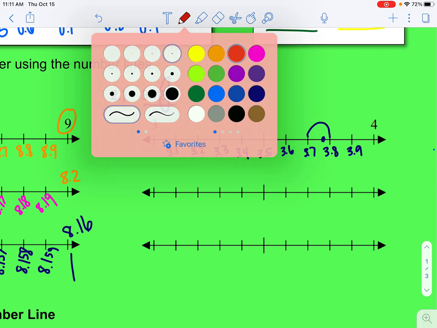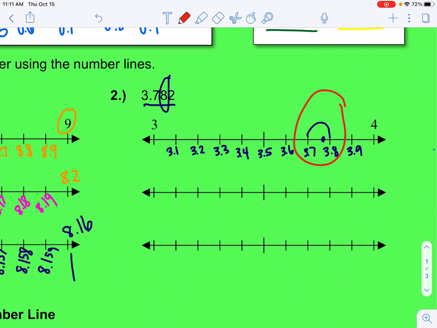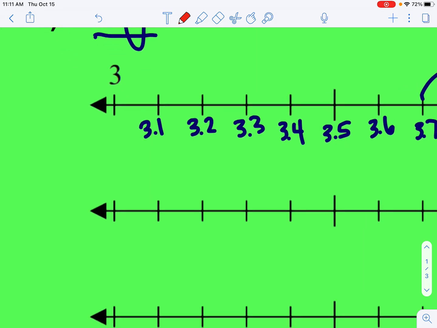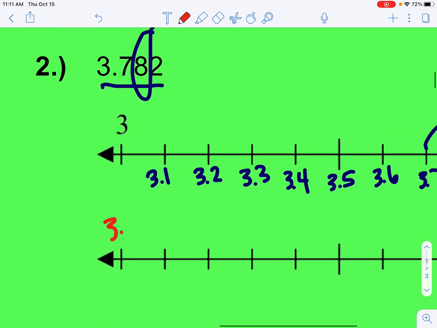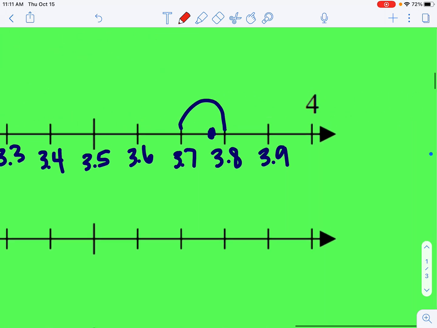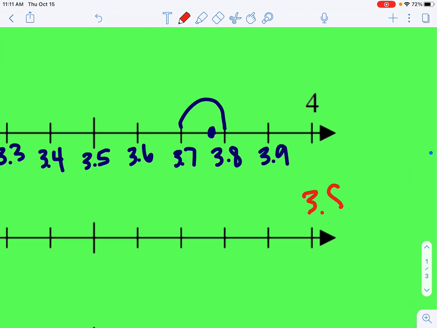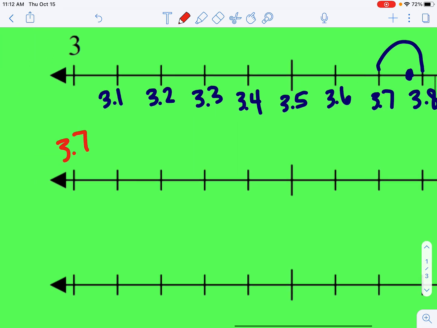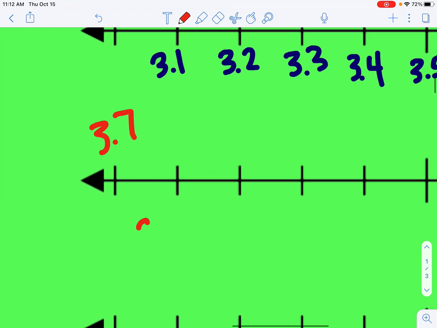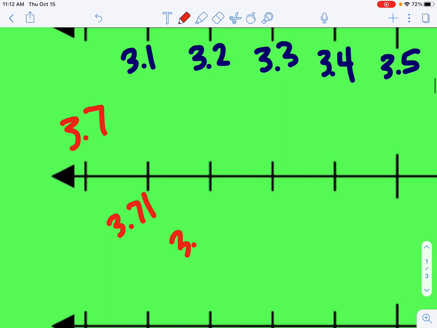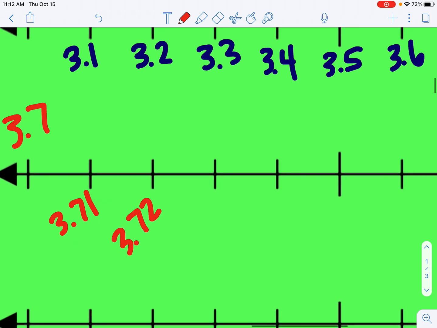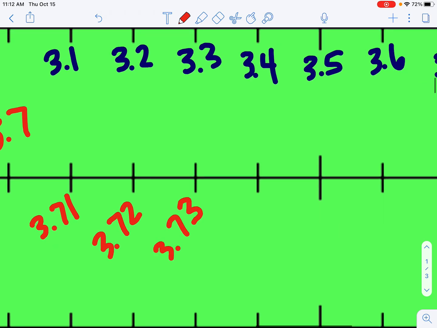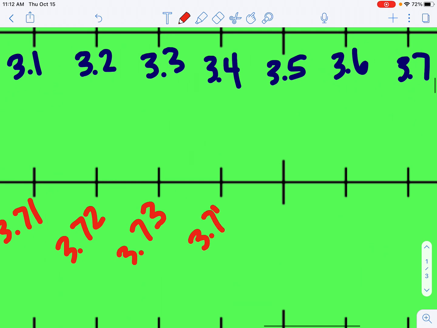Alright, so now we're going to use our number line and we're going to zoom it into this section right here. So my number here is 3 and 7 tenths. And then over here is 3 and 8 tenths. Alright, now we're going to break it into hundredths. So I have 3 and 71 hundredths, 3 and 72 hundredths, 3 and 73, and so on.